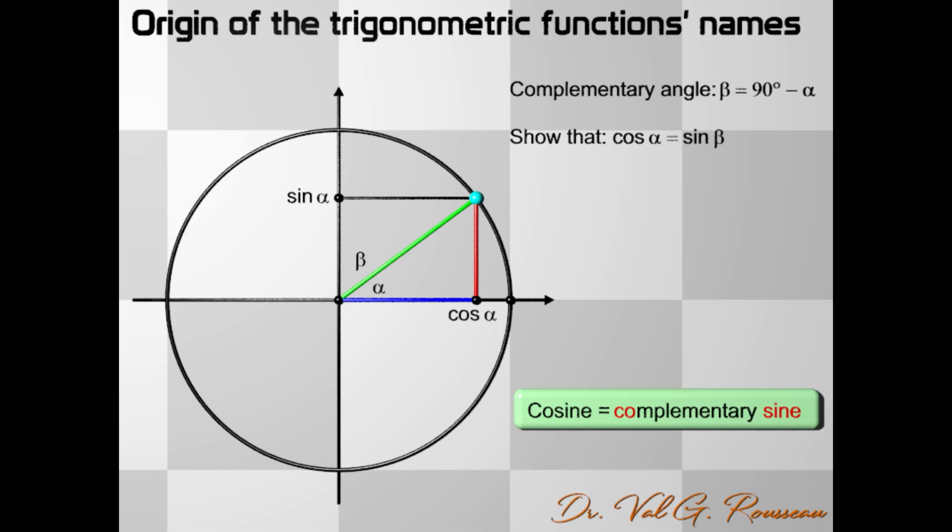This means that the cosine of alpha is equal to the sine of the complementary angle, and that's precisely where the name cosine comes from. It is the contraction of complementary sine.